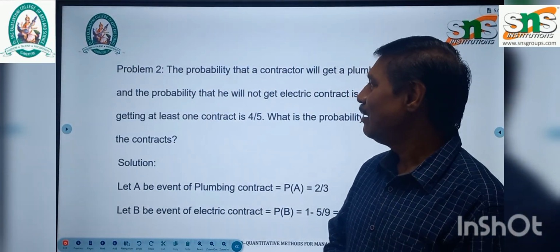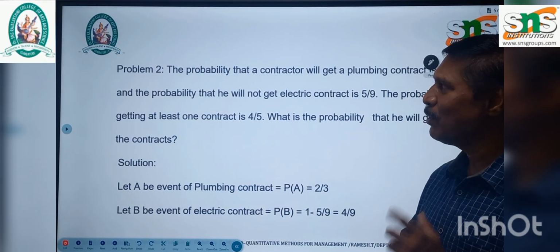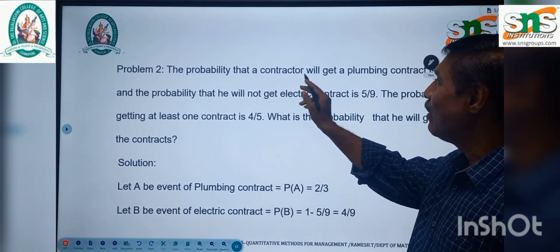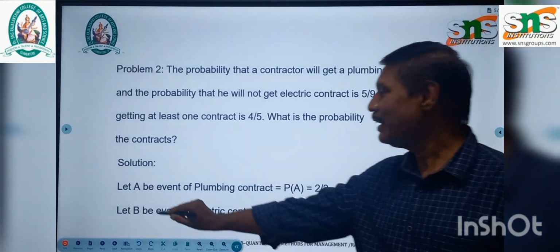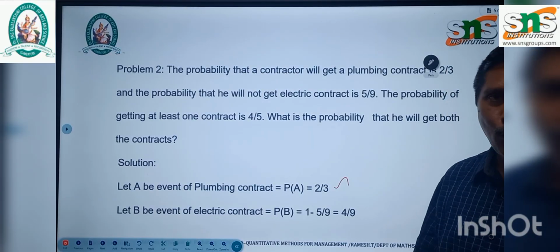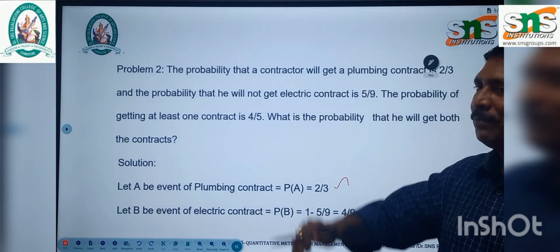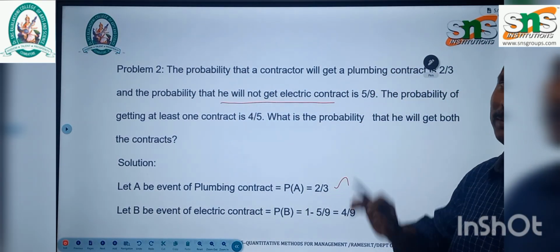Another very useful result is here. Let A be the event of a plumbing contract, that is probability of A is equal to 2 by 3. And B be the event of an electric contract, but here it is given that he will not get the electric contract is 5 by 9.